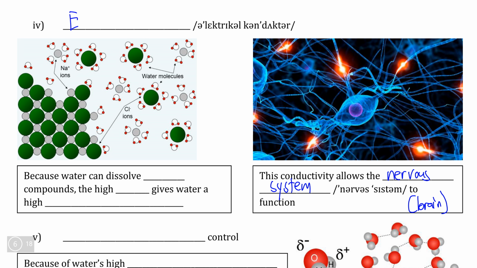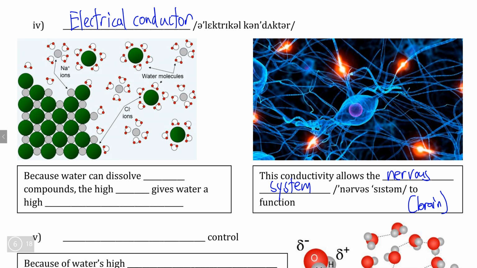And lo and behold, your brain needs a large amount of water, because the water functions as what we call an electrical conductor. Electrical conductors, if you remember from any electricity unit, allow an electrical current to pass through them. So how exactly can water do this?